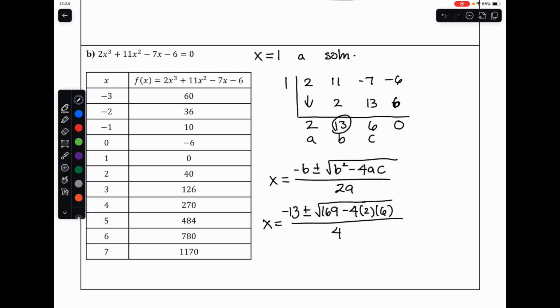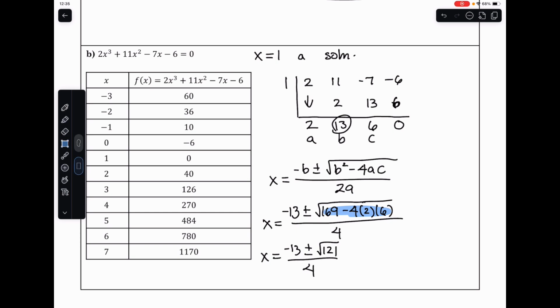Now let's see what the discriminant equals. So let's simplify this right here. Our discriminant is going to be a perfect square. It's equal to 121. So x equals negative 13 plus or minus the square root of 121 divided by 4.